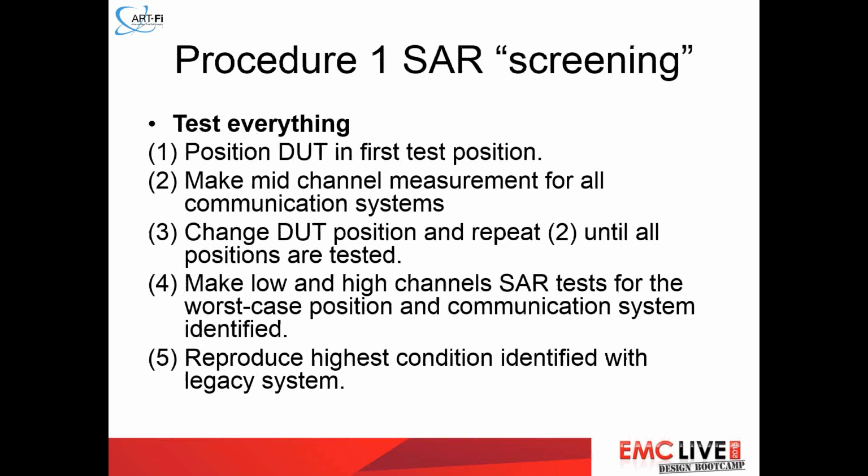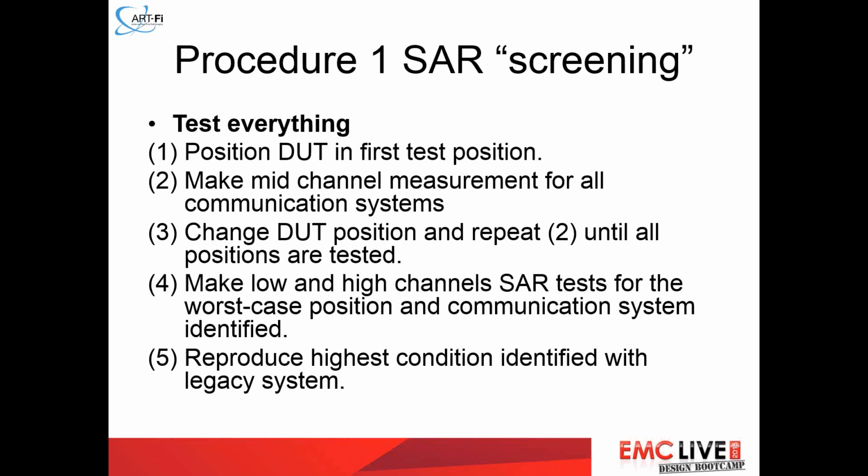Different procedures can be used for SAR screening. The very basic one is the test everything procedure. It's very straightforward to understand. As we now have very fast SAR measurement systems, very fast SAR tools, we can use them to basically measure every condition. So you position the DUT in a first test position, you make mid-channel measurements for all the communication systems that are covered by the DUT, then change the DUT position, and again go through all the communication systems until all the positions are tested.